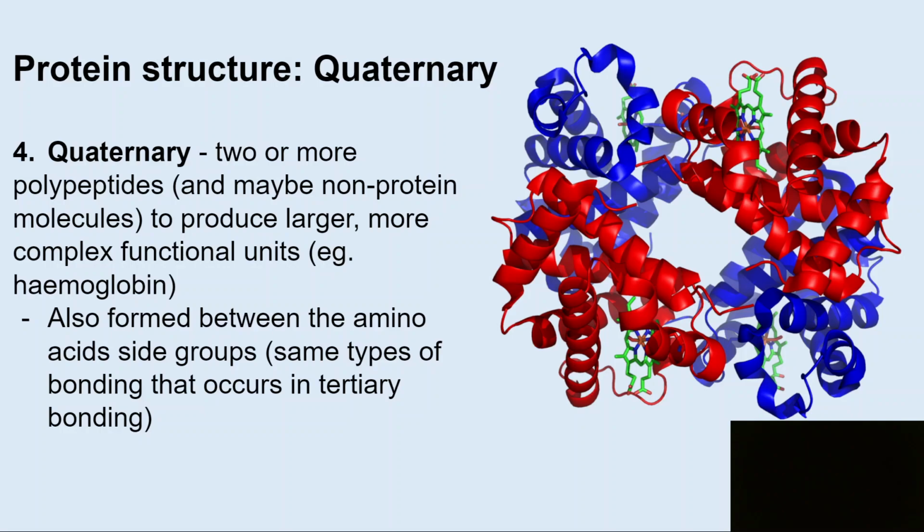You've got an ion at the center of hemoglobin that allows for the binding of oxygen. So this is four separate polypeptide chains, similar to myoglobin, that join together in a complex shape to give us hemoglobin, the oxygen carrier within blood.